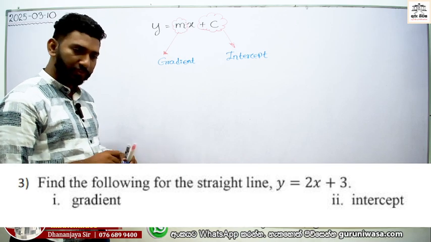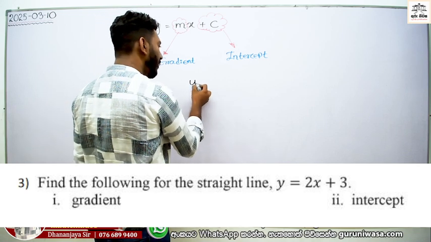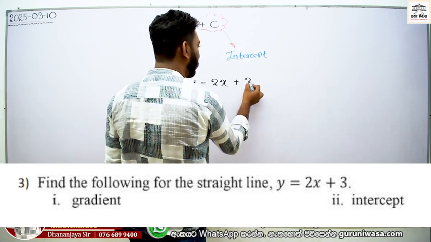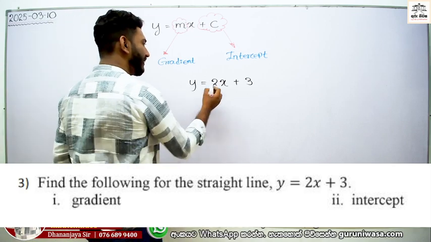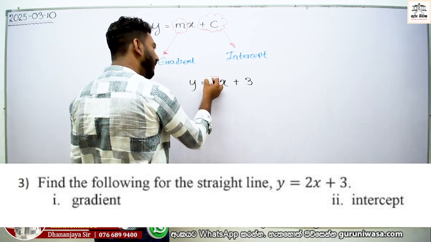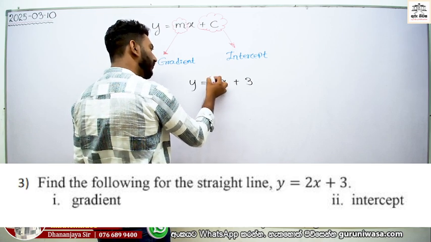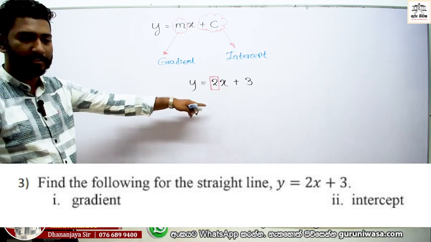Now look at the question. y equals 2x plus 3. Now very easy. Now look at that. Coefficient of x becomes 2. Now this is the gradient, right?